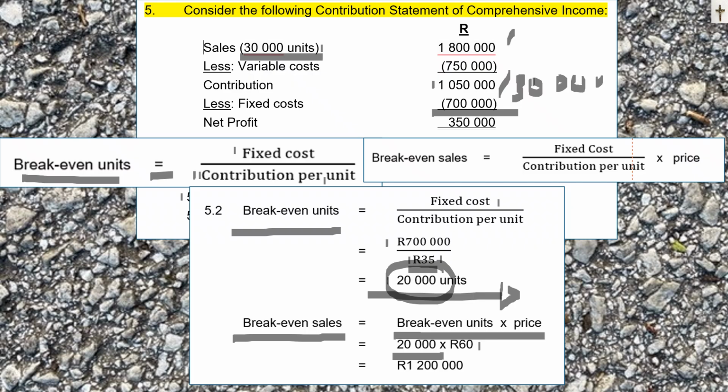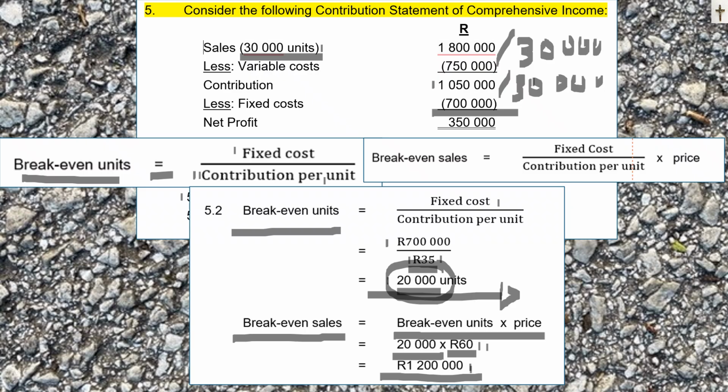We said 1.8 million divided by 30,000 is equal to 60. So the break even sales amount is 20,000 units multiplied by the price per unit, and that is equal to 1.2 million. So at the break even point, 20,000 units are sold for in total 1.2 million.